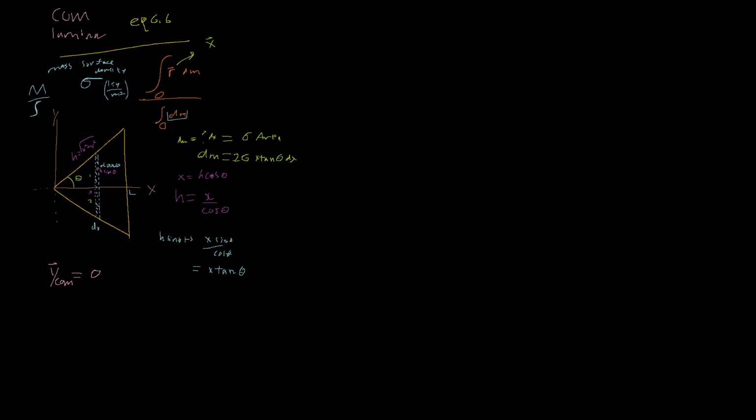So we actually have enough to calculate our first integral. Our bounds are going to be 0 to L. The first integral we want to think about is the integral of dm over our object. This is a single integral from 0 to L of 2 sigma x tan theta dx.